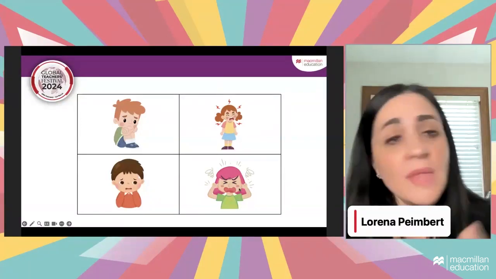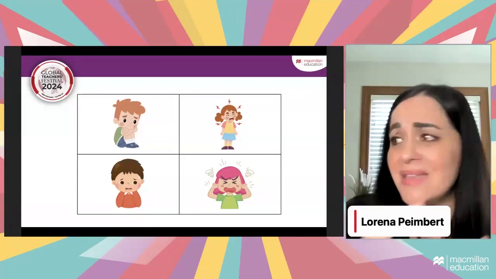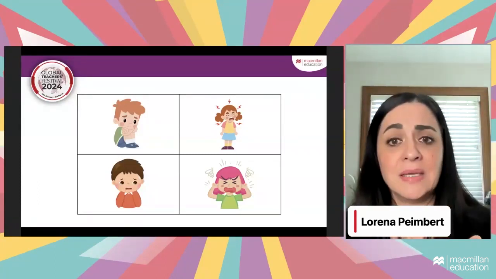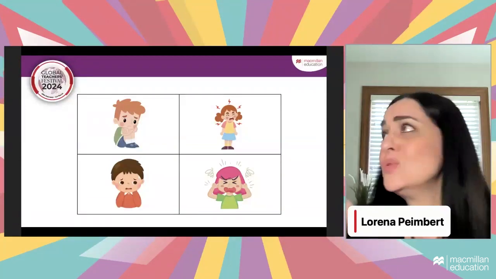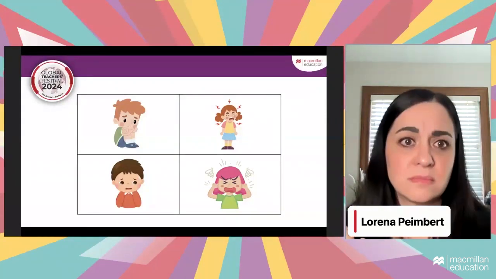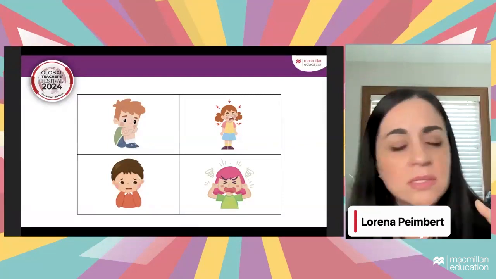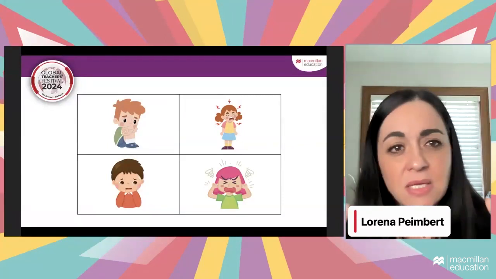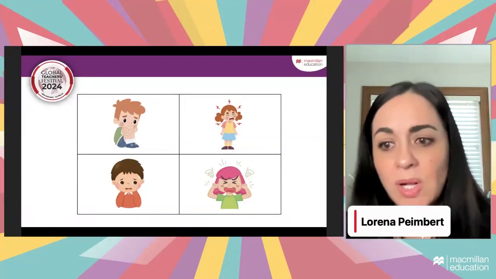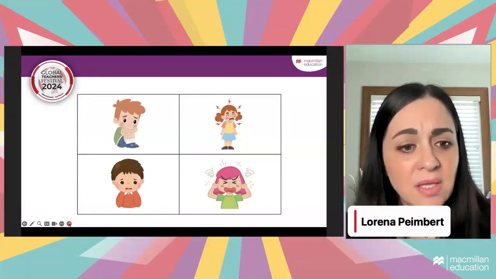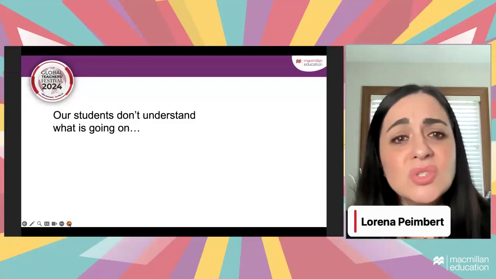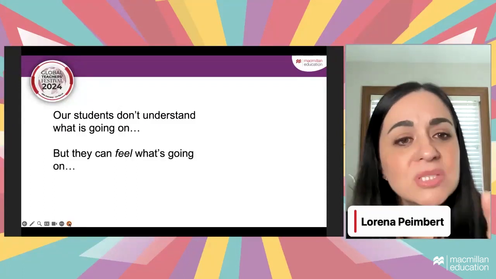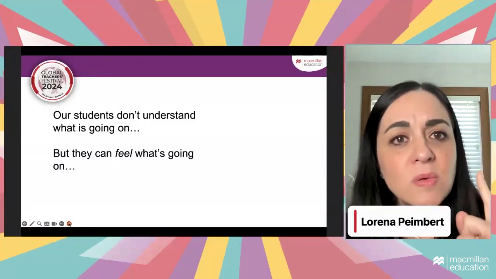Or I feel frustrated because I see that everybody can and I can't. Why can't I? And if I can't, am I going to lose your love? So children are experiencing different emotions while they are at school and learning. And they don't know what's going on. They don't understand what is going on, but they can feel what's going on.